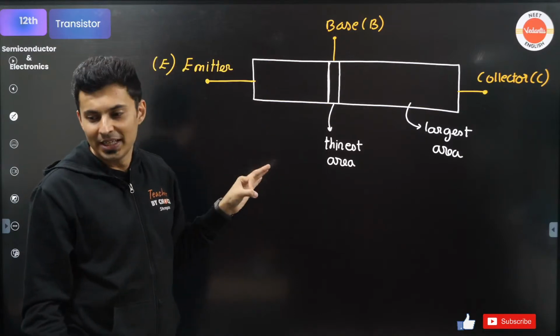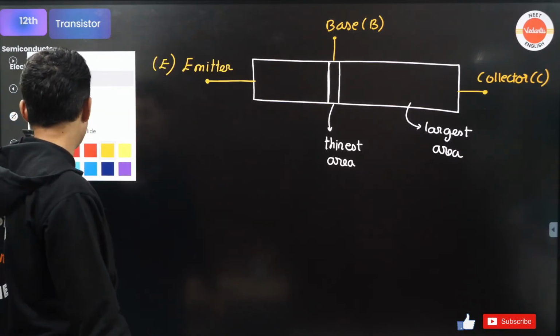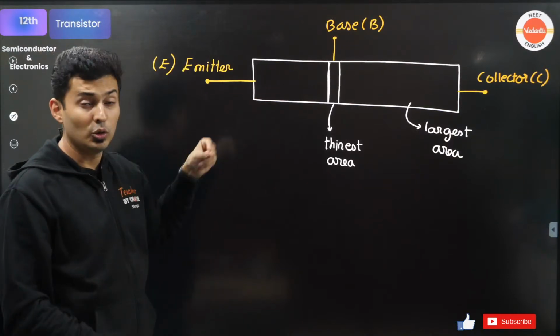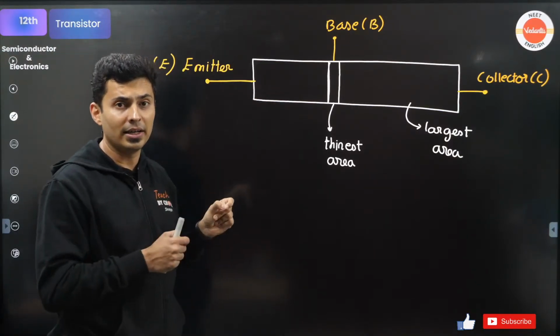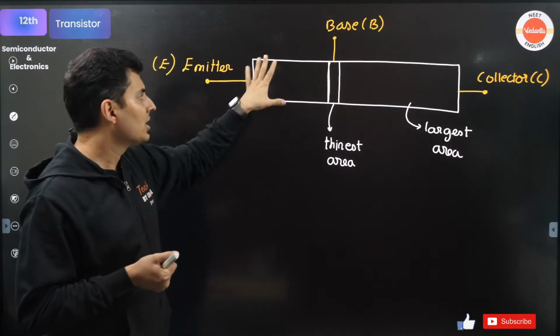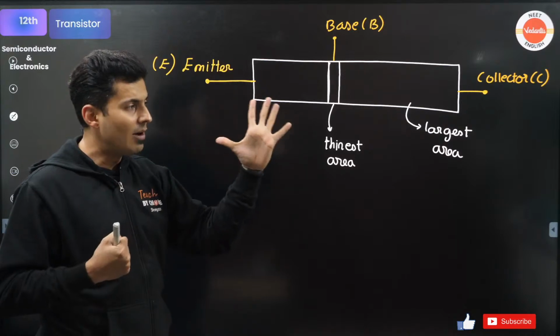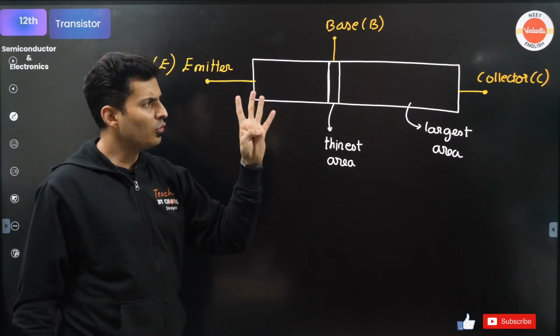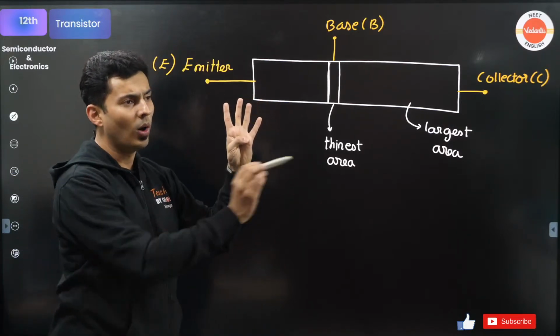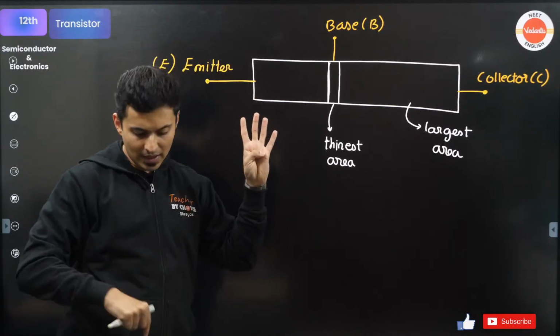Either N type or P type. So for example, I dope this. Dope means I adulterate it, I infiltrate it with some material which does not belong here, and I add pentavalent impurity. Pentavalent means 5 electrons. 4 electrons will form bonds with each of the silicon atoms around it, one here, one there, one here, one here.